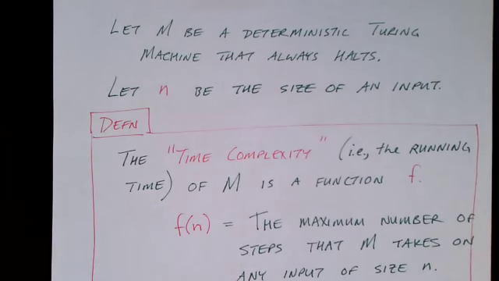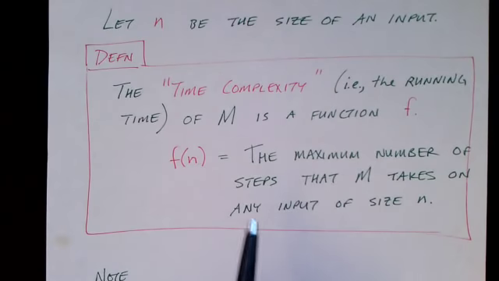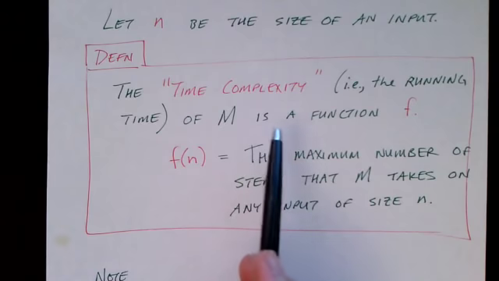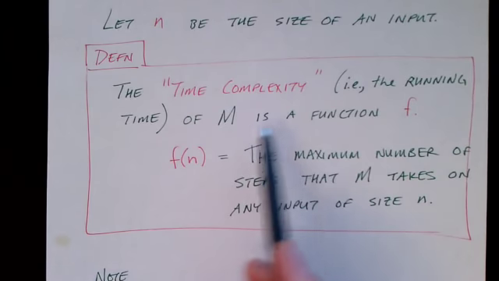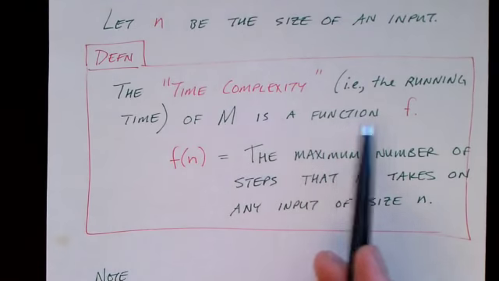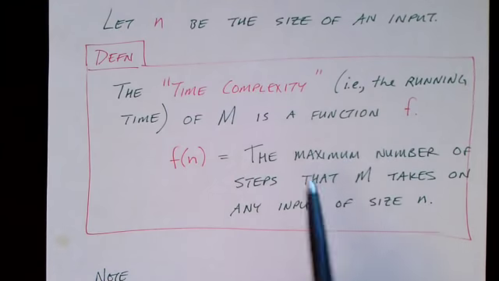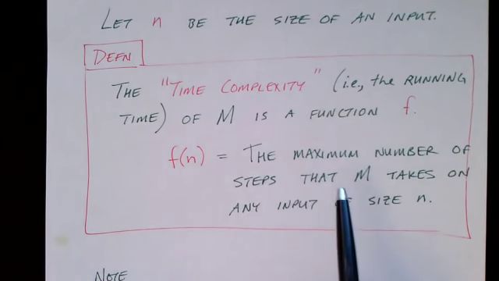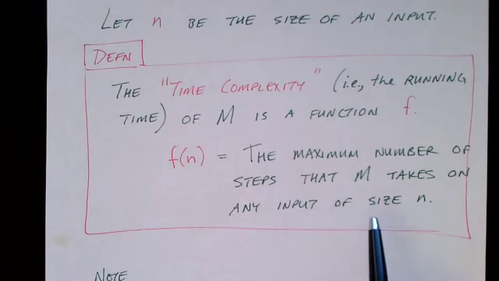So let's now start with a definition of time complexity. Let's let M be any deterministic Turing machine that always halts, and we'll let n be the size of an input. Then we can define the time complexity of M as the running time of M, and we define the time complexity as a function f, which is just the maximum number of steps that M takes on any input of size n.